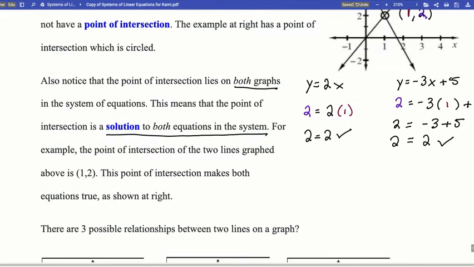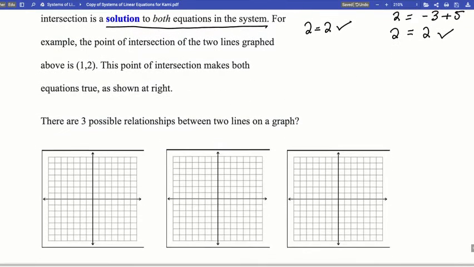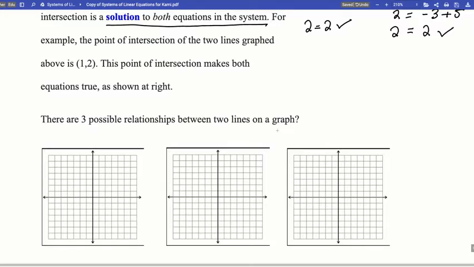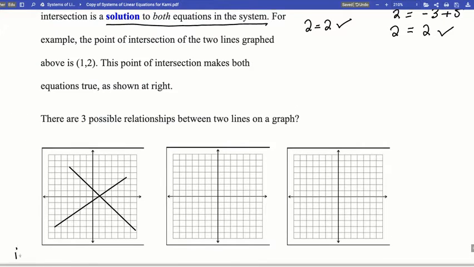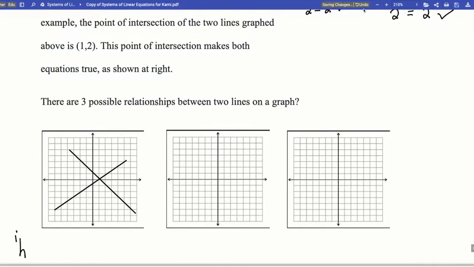All right. So this isn't the only possibility. There are 3 possible relationships between two lines on a graph. So we've already done one of them. One possible relationship is that they intersect, which means they have one solution to the system.